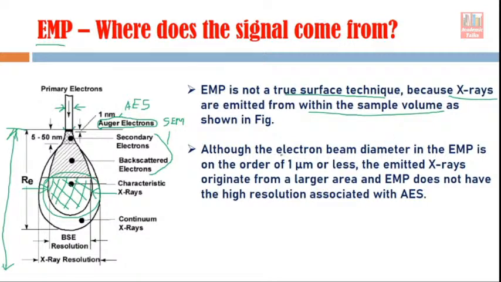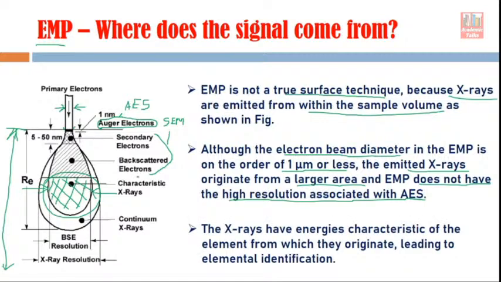So you can say that the electron beam diameter in EMP is about 1 micrometer or less, but the emitted X-rays originate from a larger area, much larger than the beam diameter, right. So EMP does not have the high resolution associated with Auger electron spectroscopy. The resolution is not that high.